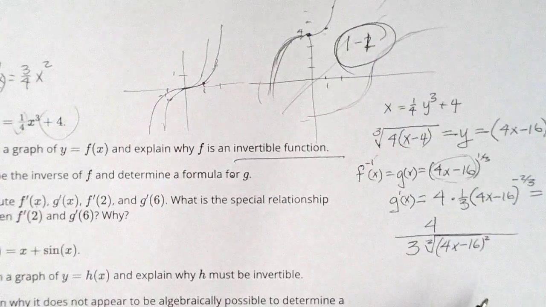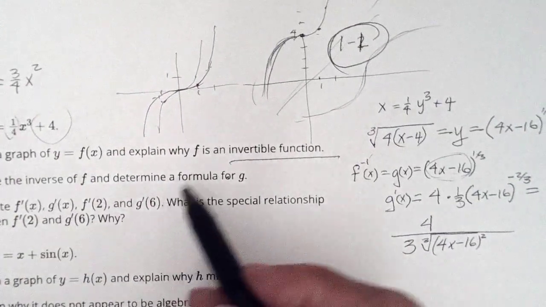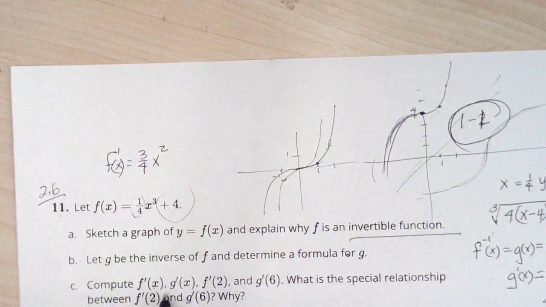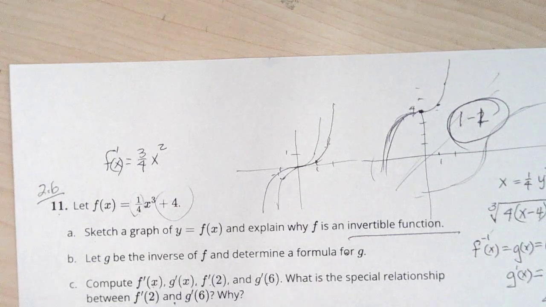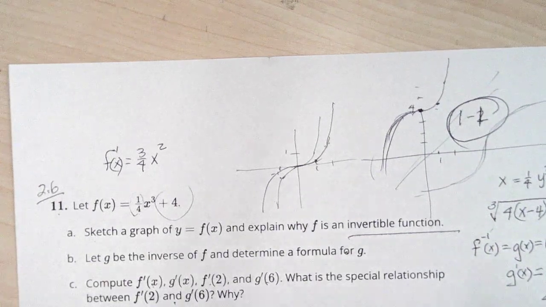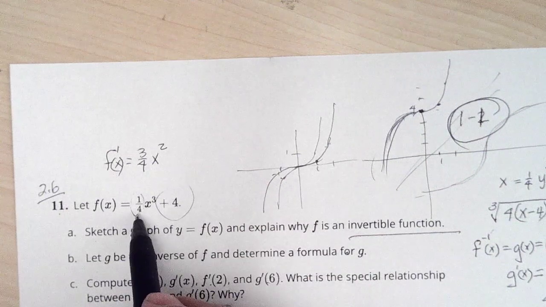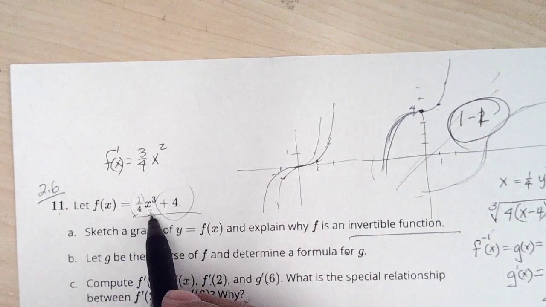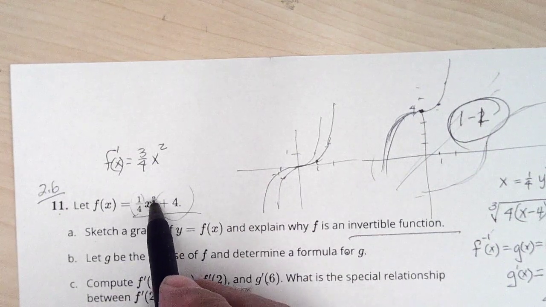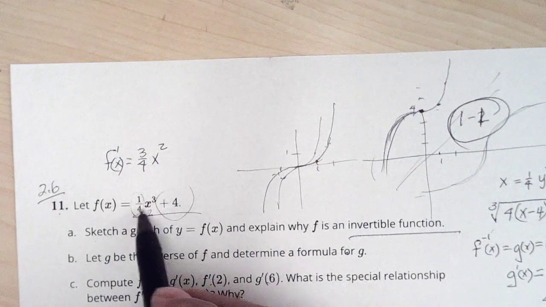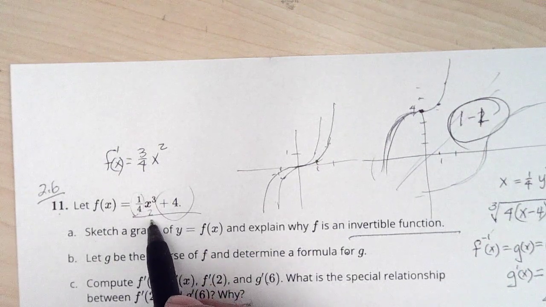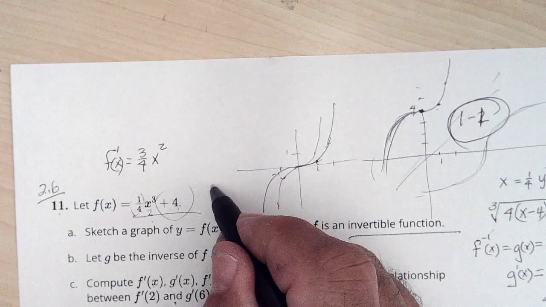Okay. And then they're talking about 2 and 6 a lot. If you go to the original function and plug in 2, 2 cubed is 8, and a fourth of 8 is 2, plus 4 is 6.